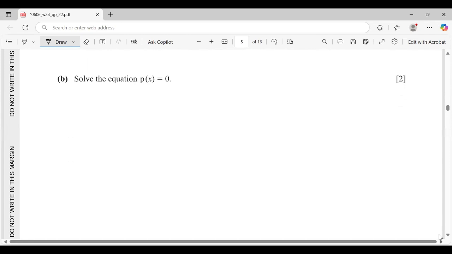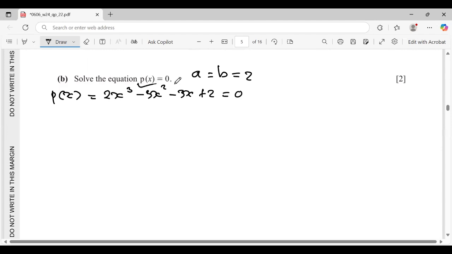So the equation is p(x) equals 0. From part A, we have information that a equals b equals 2. So the equation becomes p(x) equals 2x cubed minus 3x squared minus 3x plus 2 equals 0, based on this information.